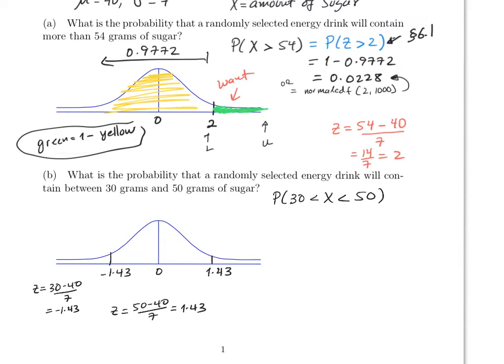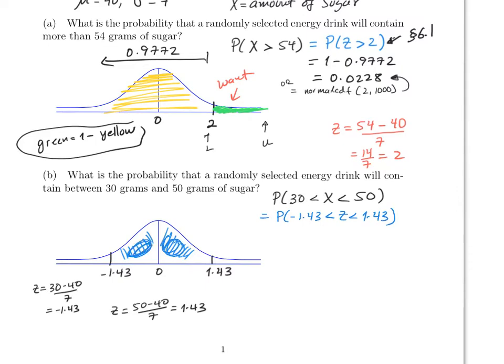Remember that whenever you have something like this, technically what you want is two blue areas. So here what you really want to find is the probability that Z is between minus 1.43 and 1.43, which is this blue area plus this one.